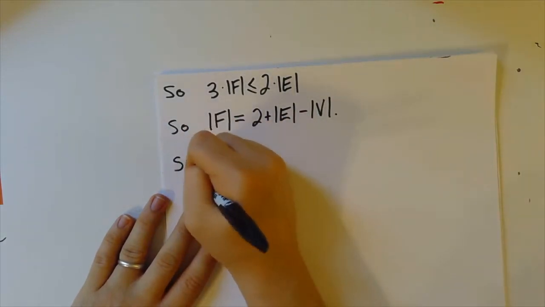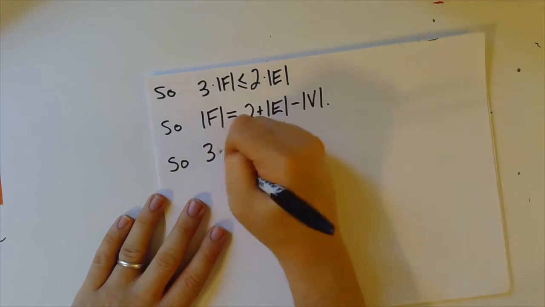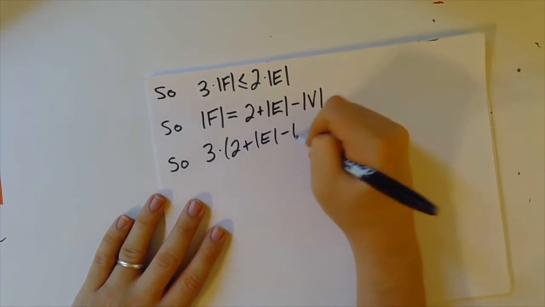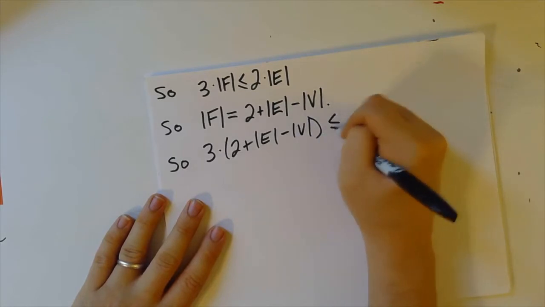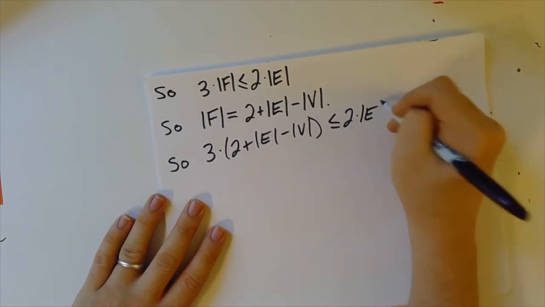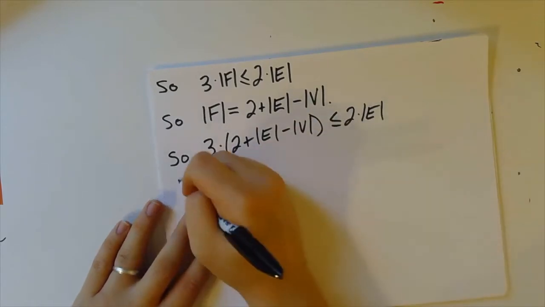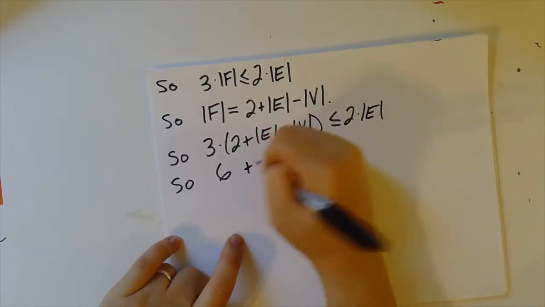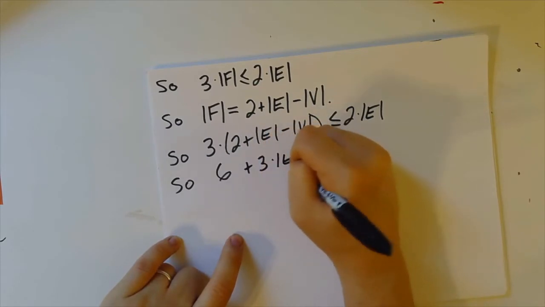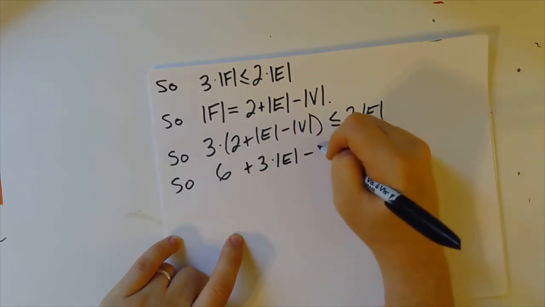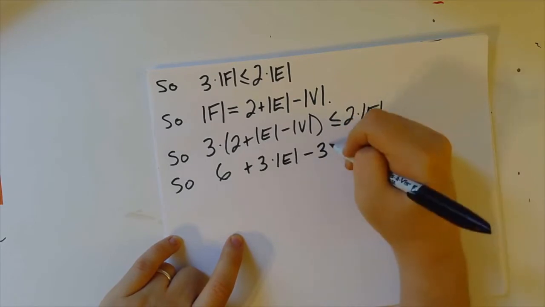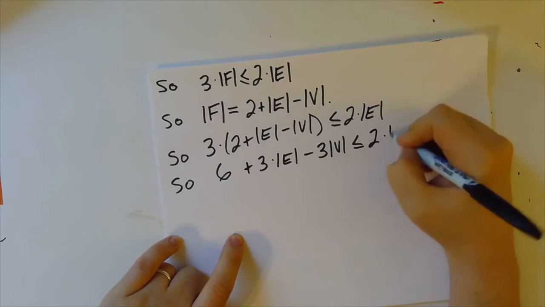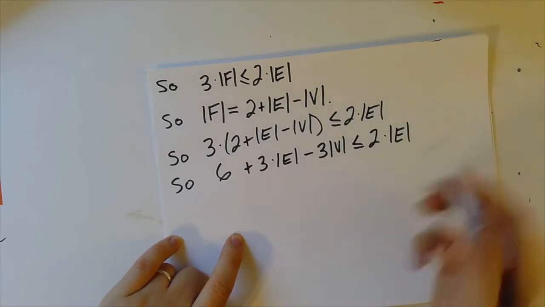And so in particular, what does that tell me? That tells me 3 times 2 plus the number of edges minus the number of vertices is less than or equal to twice the number of edges. And so continuing on, that says 6 plus 3 times the number of edges minus 3 times the number of vertices is less than or equal to 2 times the number of edges.